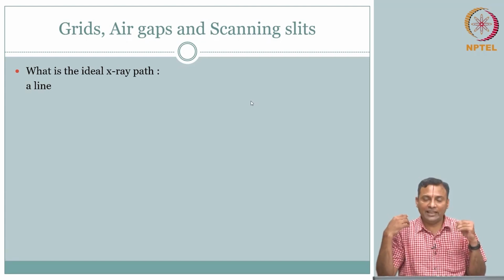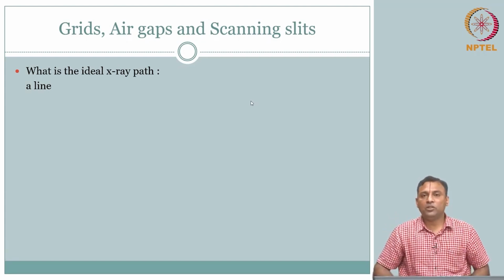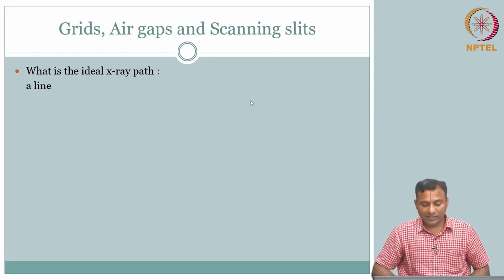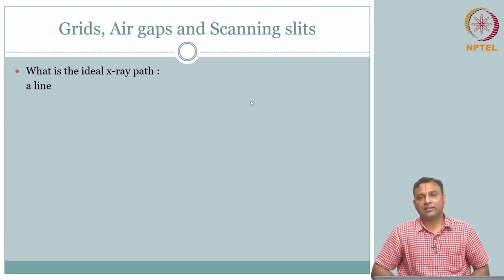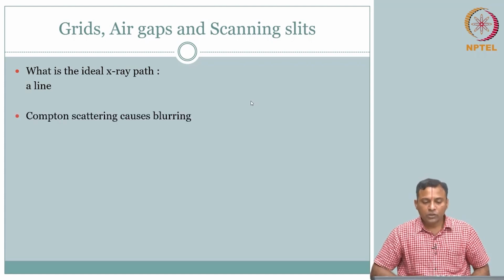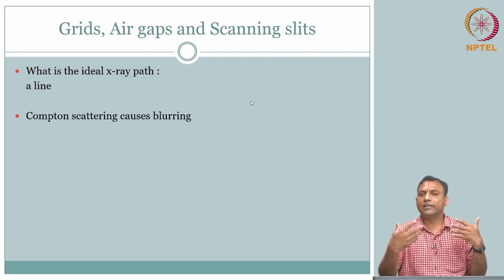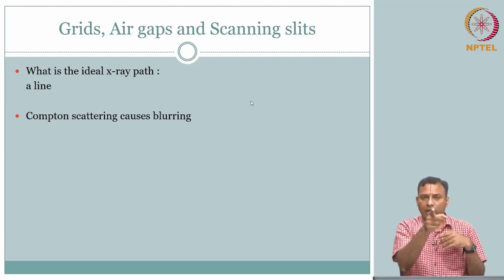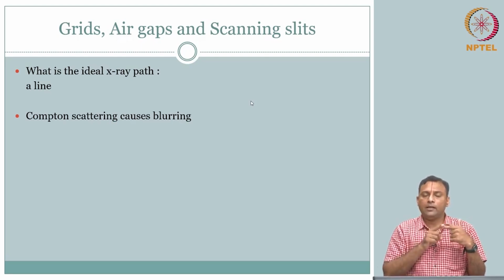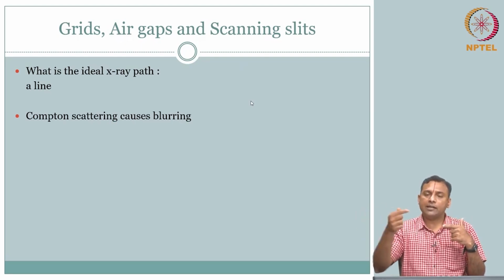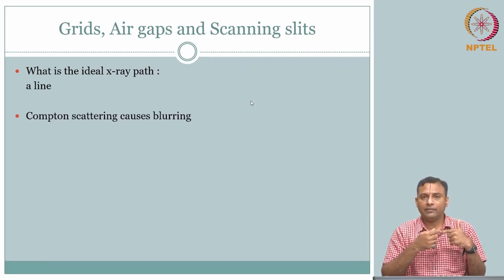In order to get that, you have these instruments to first increase the chance of your signal and minimize the chance of picking up scattered photons. So what does Compton scattering do? We talked about this briefly. Compton scattering essentially causes blurring. I am looking at the straight line path, but something Compton scattered is coming and hitting the detector.